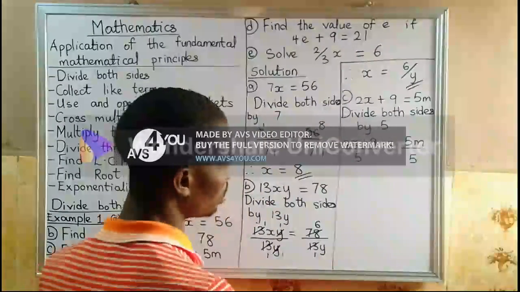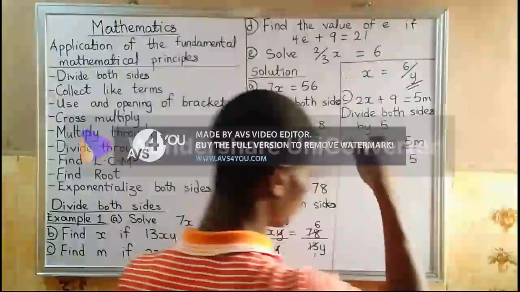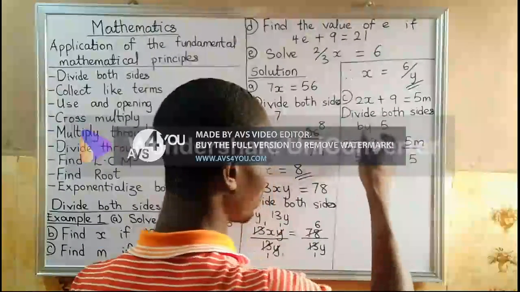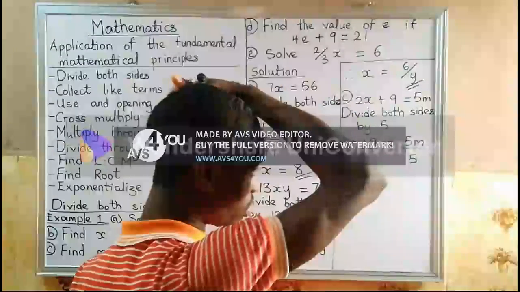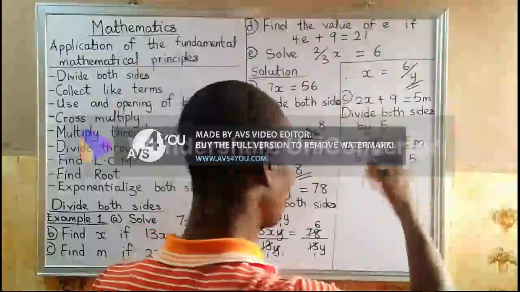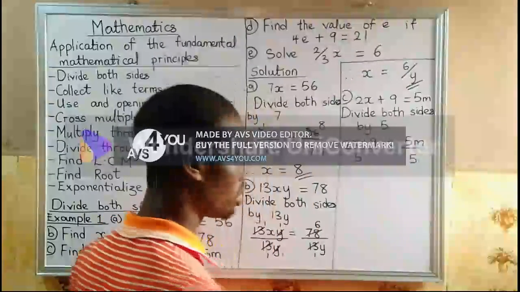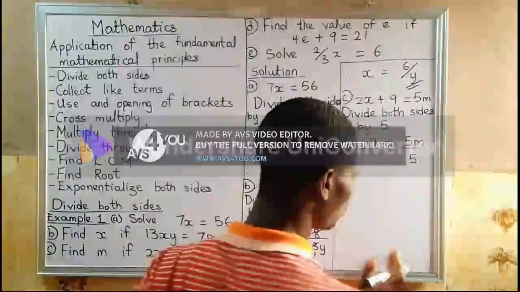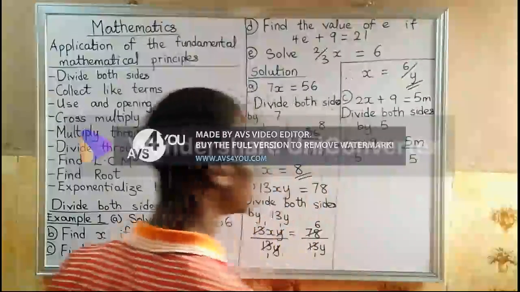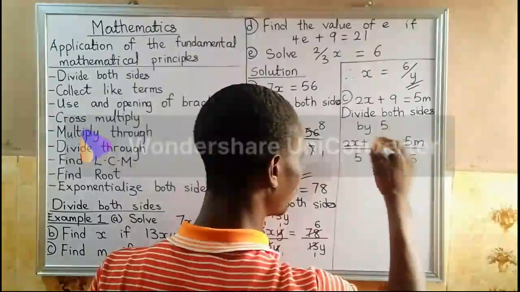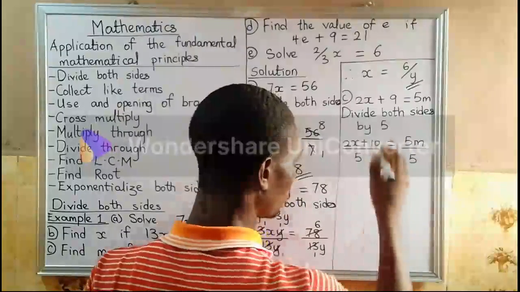Okay? So there's nothing to cut here, because there's nothing that can go both in the numerator and the denominator of this fraction. 5 cannot go in 2x, 5 cannot go in 9. And even, let's say, instead of 9, it is 10 that is here.